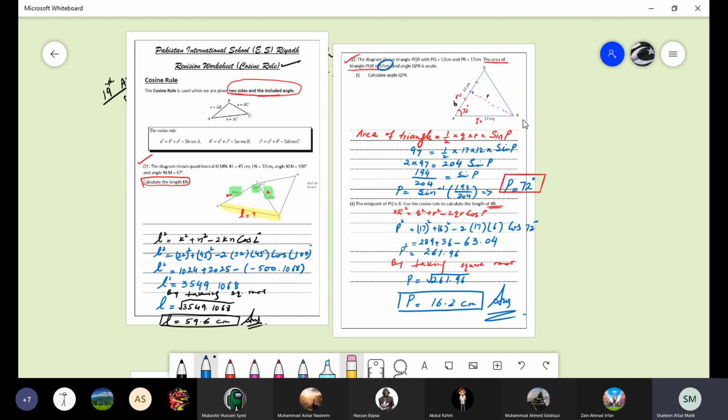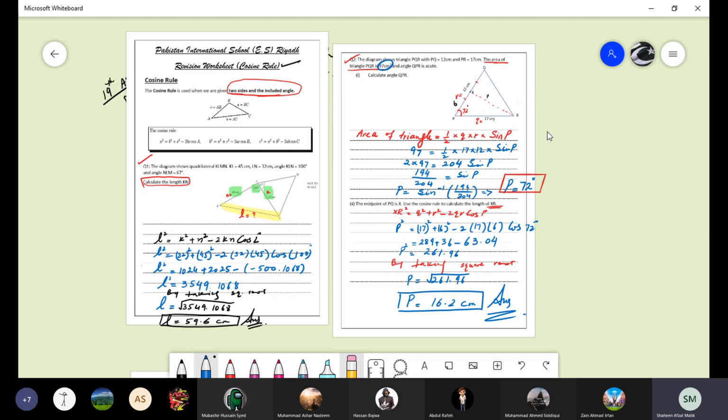We have not done this type of question in the exercise. Was it easy or difficult? Easy, ma'am. Because you know the formula for the area of a triangle, and when you have the angle, we can go for the cosine rule. The midpoint means you divide the length into two equal parts. You have two sides and the included angle, so you can find the length of XR easily.